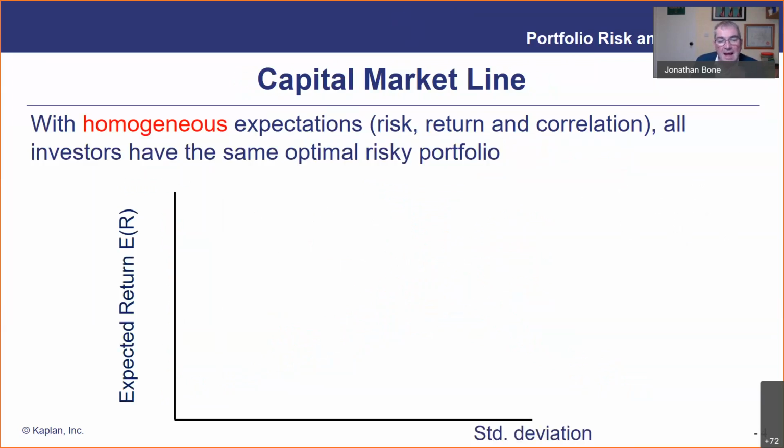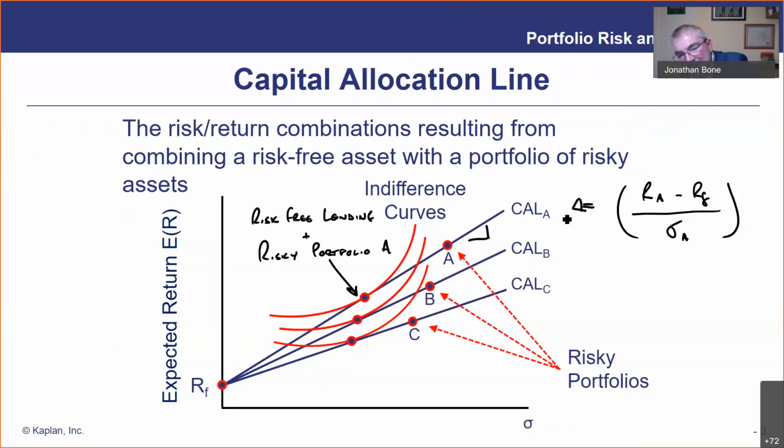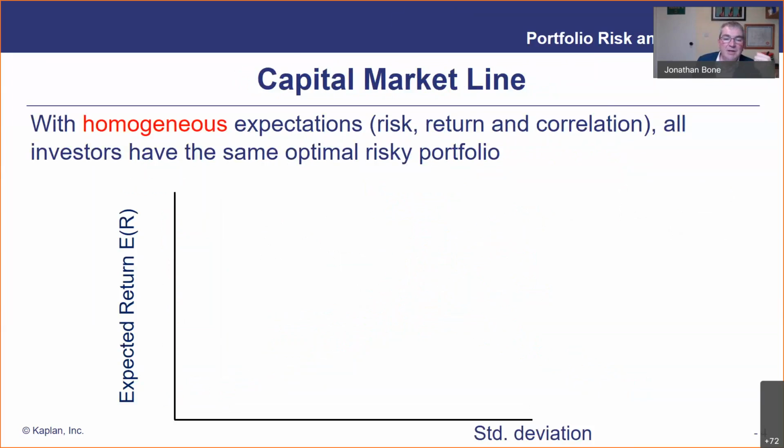Now, at the moment, we've been talking about capital allocation lines. Notice it says CAL, capital allocation lines. And the capital allocation line assumes heterogeneous expectations. Expectations of assets, risks, returns, and correlation.